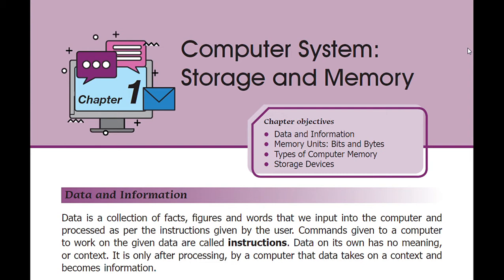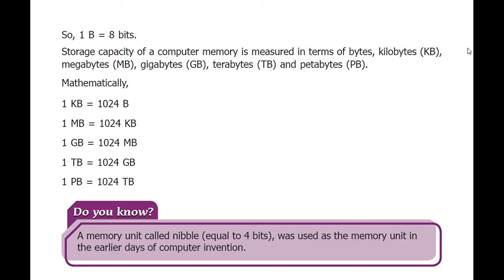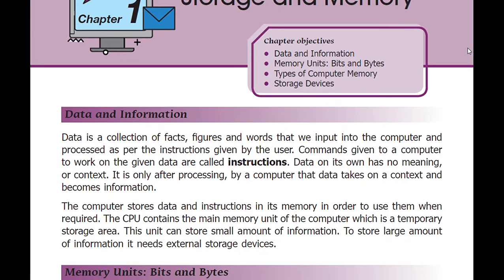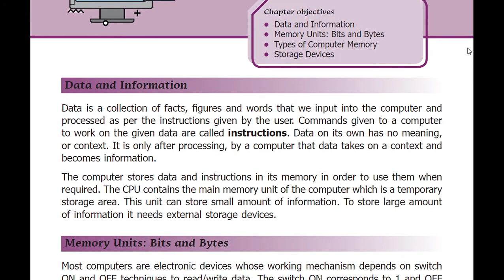So the first term, data, is nothing but a collection of facts and words that we input into the computer. Instructions are the commands which you give to the computer. Now, as your brain stores all the information, even the computer stores the same data and instructions in its memory.